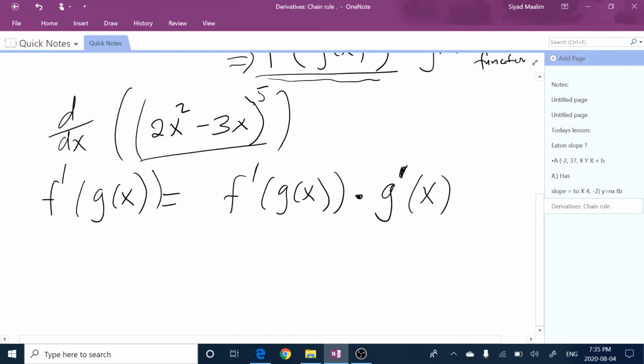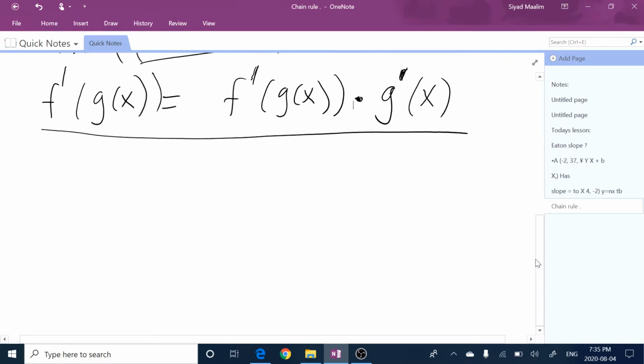So this is the general formula for the chain rule. Okay, let's do this example we have here.